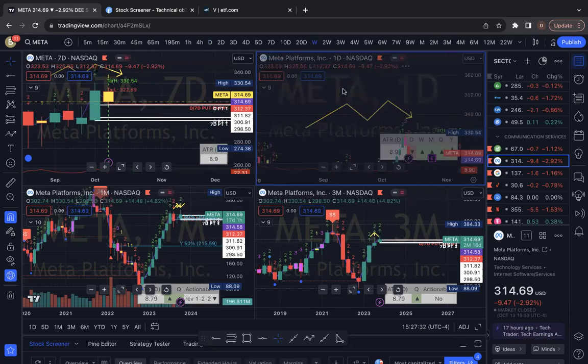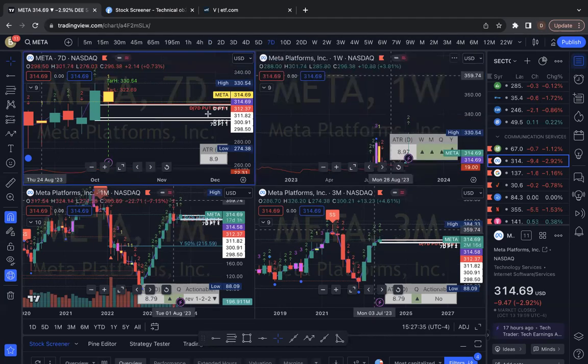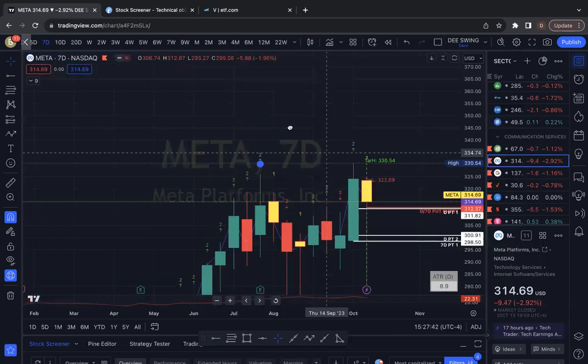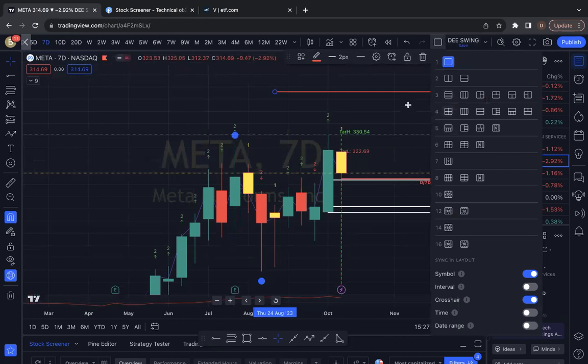So if this is a way that you guys want to set up your charts, something I highly recommend is do not go to the one pane, do your drawings, and then try to switch to a four pane.